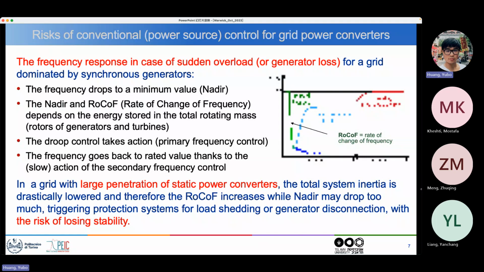To save the system, they start disconnecting loads, and then if the frequency goes down too much, then the generators start disconnecting because they want to protect themselves. And we want to avoid this from happening, and for this reason we need a large inertia to prevent the big slope here, and we also want to prevent the nadir from being too low because that would cause the generators to disconnect.